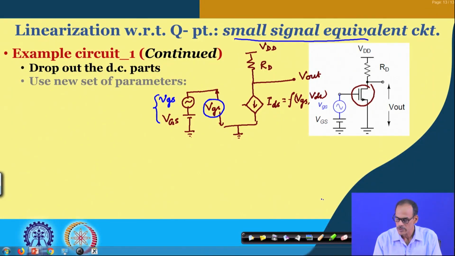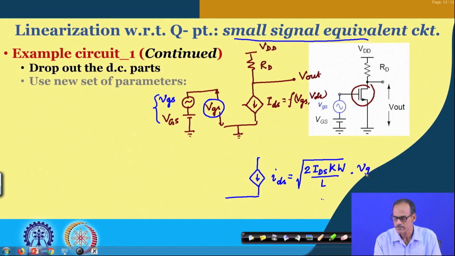In contrast to that, whenever we are doing the linearization, we are simplifying this current equation, namely for the drain to source current we are considering only the small signal part, which means small i d s, which has an expression like 2 I capital D s, k W by L into v g s.